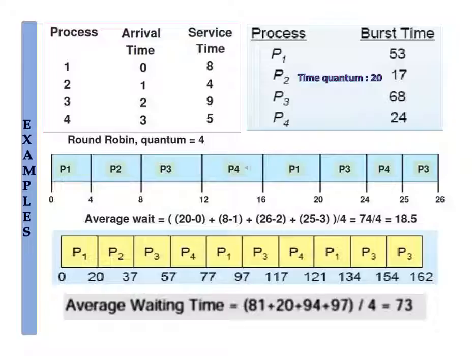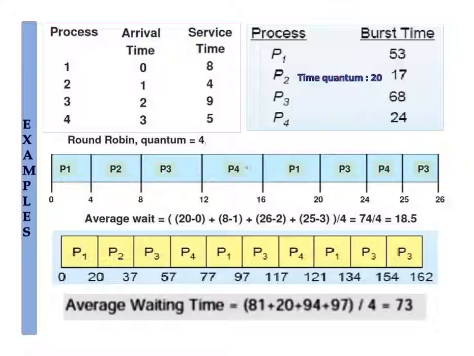Now after this Gantt chart, the average waiting time is calculated. 20 minus 0, because P1's execution time is 20, and after that P1 is given two times, so 20 minus 0 plus 8 minus 1.